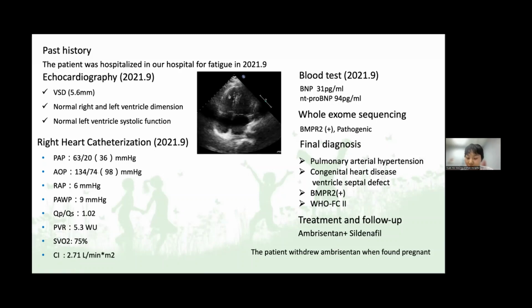So the final diagnosis was pulmonary arterial hypertension, congenital heart disease, ventricular septal defect, and BMPR2 mutation carrier. And the patient was in WHO functional class 2 at that time. After that, the patient received ambrisentan and sildenafil and stayed in stable and good clinical condition. However, the patient withdrew ambrisentan when she found she was pregnant.